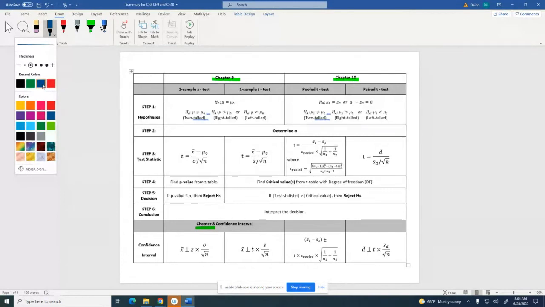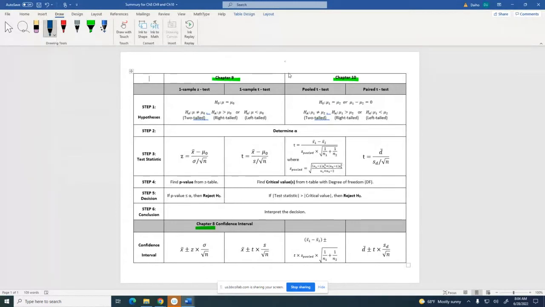Please look, chapter 10 is later, right? But in chapters 8 and 9, we had only one population mean. So we had one sample mean.